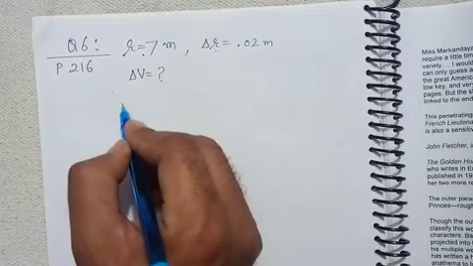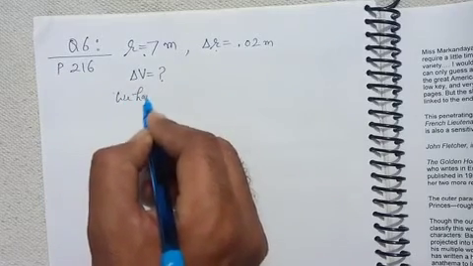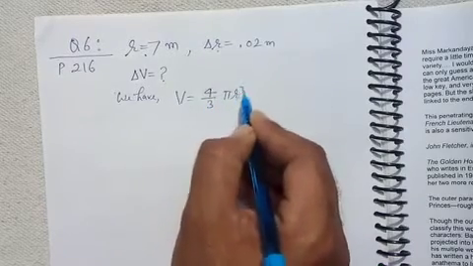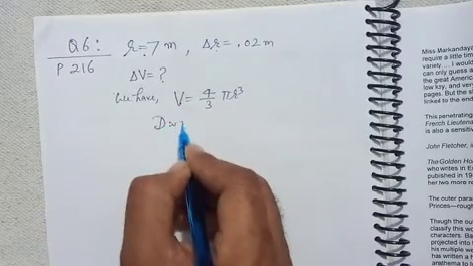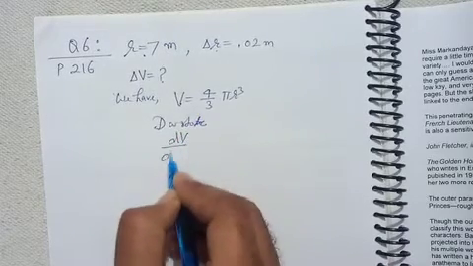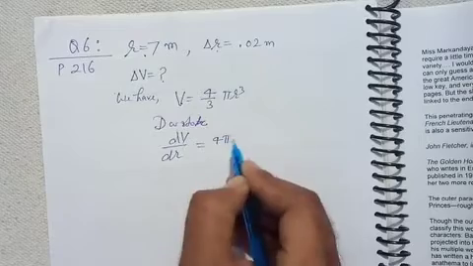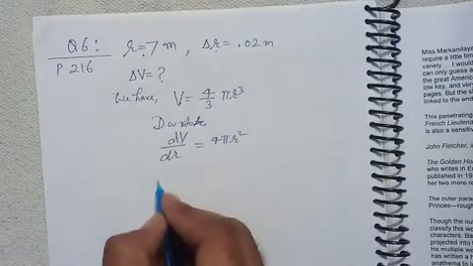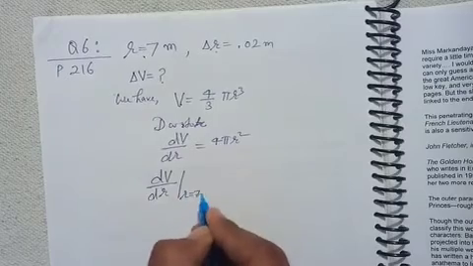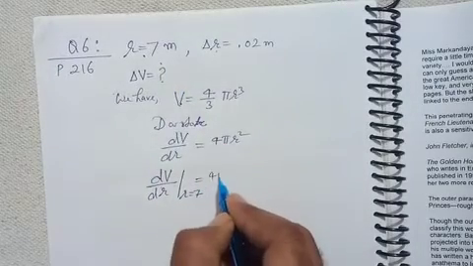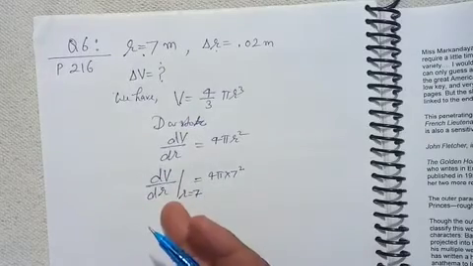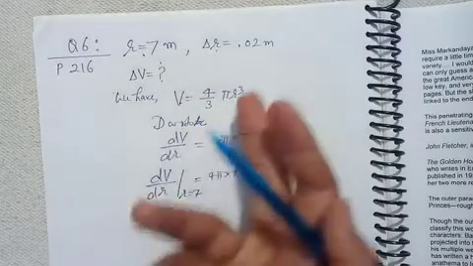For a sphere, we have V equal 4 upon 3 pi r cube. So differentiate with respect to r. dV upon dr is 4 pi r square. Rate of change of volume with respect to r when r is 7 equals 4 pi into 7 square. We have delta r also.